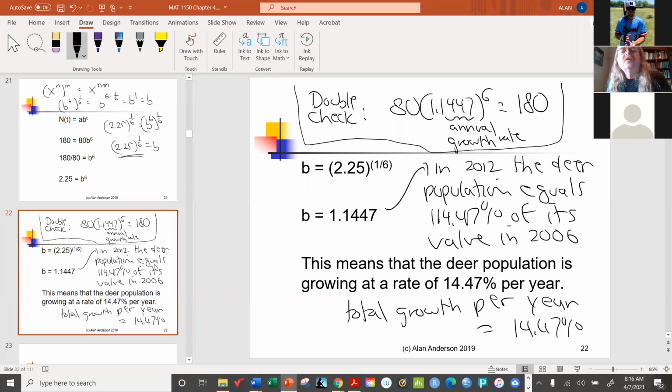So this is potentially very useful information, and we often see it used in the area of investments, because then we may want to know, if I invest in a certain type of asset like a stock or a bond, given historical information about the returns to that stock or bond, I'd like to predict what it might be worth in the future. And so I can use a model like this based on the assumption that the growth rate is exponential. If it isn't, then my forecast won't turn out very well. But if that is in fact the case, I should be able to use this to do forecasting. And I should come up with something that's pretty reasonably accurate.